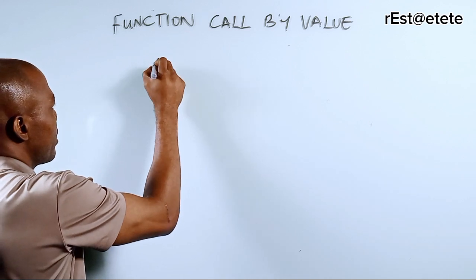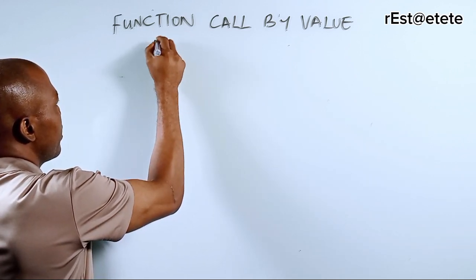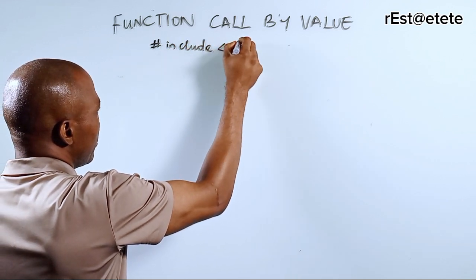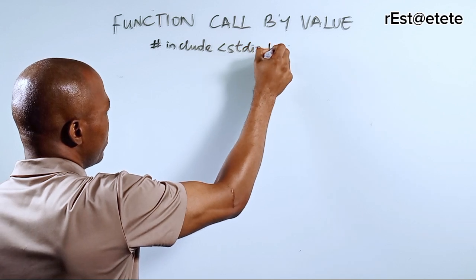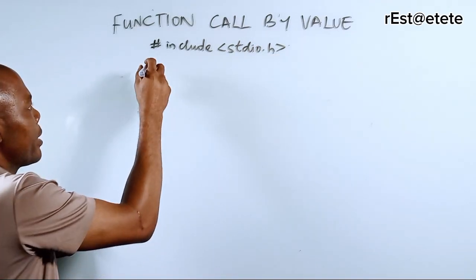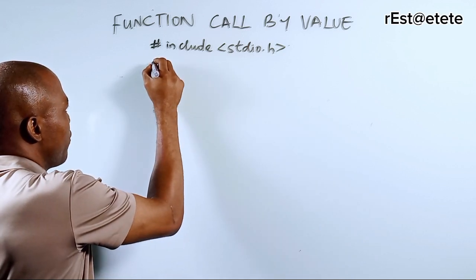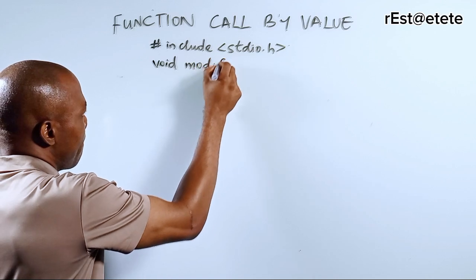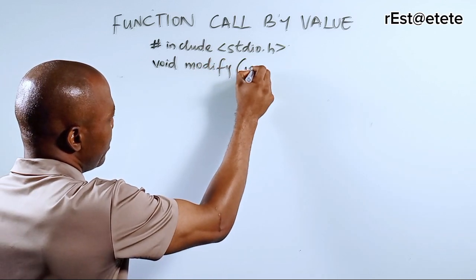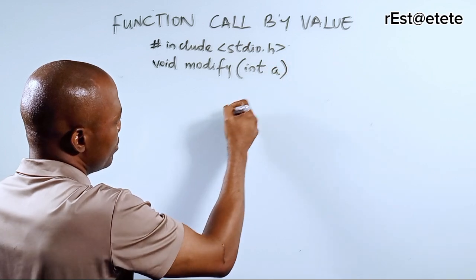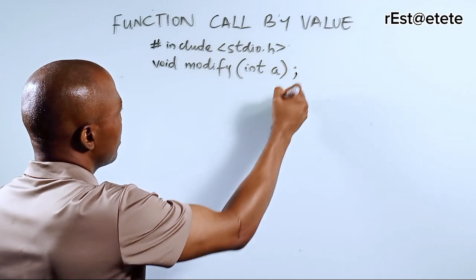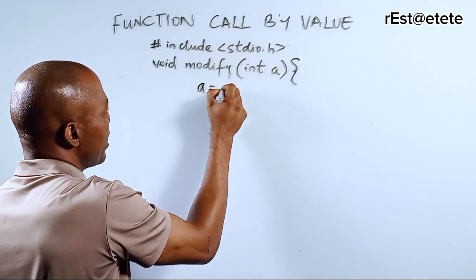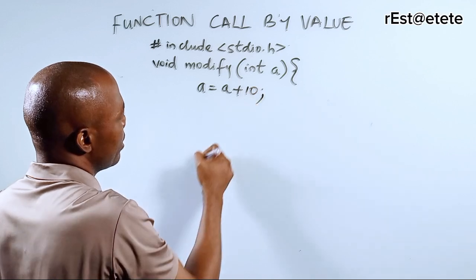Let's write it here. Include stdio.h, right? Then I'm going to write a function. Since I'm not going to return anything, void modify, right? void modify. Then I'm going to supply int a to it. Then I'll say a assign a plus 10 to it.